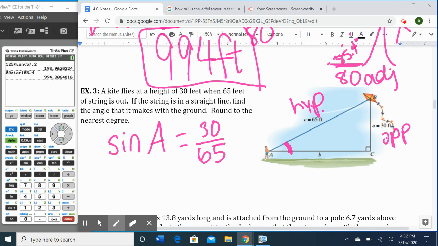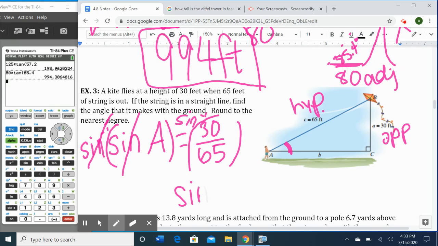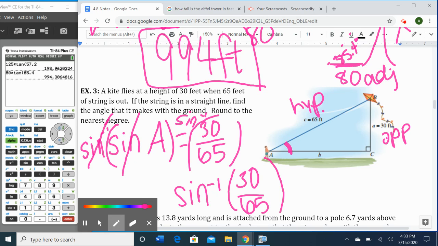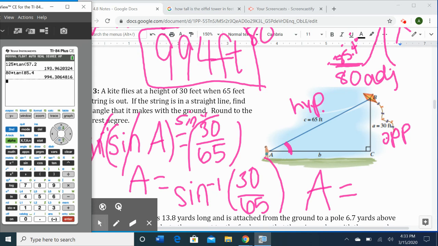And how I'm going to find the angle is I'm going to take the sine inverse, because the sine inverse and the sine are going to cancel. So when I do sine inverse of 30 over 65, when I type that into my calculator, I will get angle A. Sine inverse is right above the sine key, so I have to hit second first, of 30 divided by 65.